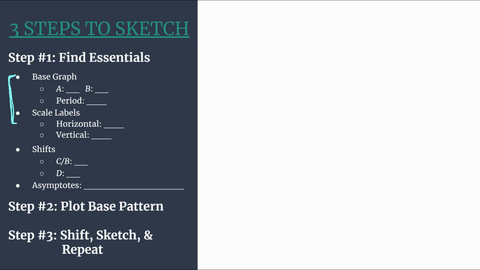This will all be the stuff that you use for step 2, plotting that base pattern lightly as your starting point or as your intermediate graph. And then, still in step 1, you'll find the shifts, which will help you in step 3, where you're actually shifting and sketching in your graph.